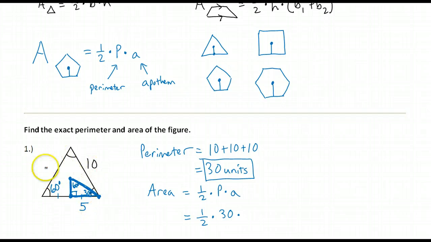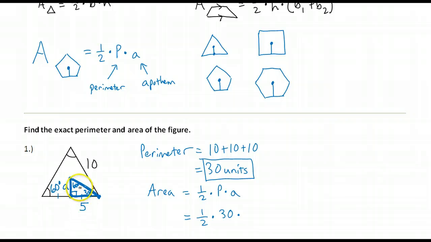So in this example, this angle right here, 30 degrees, is half of my entire angle. I have a right angle, 30 degrees, and 60 degrees. So I'm going to use the rules for my 30, 60, 90 special right triangles to figure out the length of my apothem.